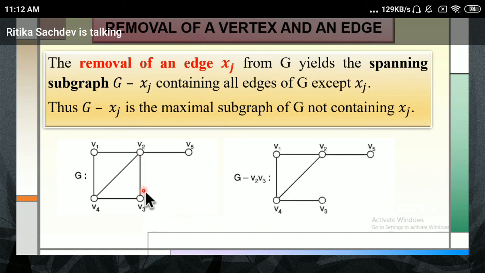So if I remove V2, V3 as the edge, then my graph looks like this. I have removed only this edge. Please note, after removing this edge, the degree of V2 becomes 2 and degree of V3 becomes 1. So I don't have any vertex whose degree has become 0. If the degree of a vertex becomes 0, that vertex also has to be removed.